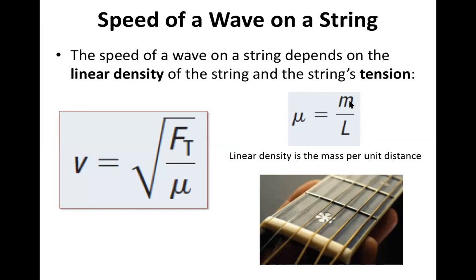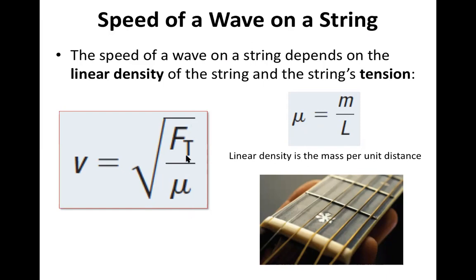Linear density is the object's mass divided by the length, and the symbol is mu, just like the coefficient of friction. Do you remember the coefficient of friction from way back in Unit 2? Unfortunately, it's the same Greek symbol, but hopefully you'll recognize that linear density is relevant for Unit 5. So speed is the square root of F_T divided by mu.